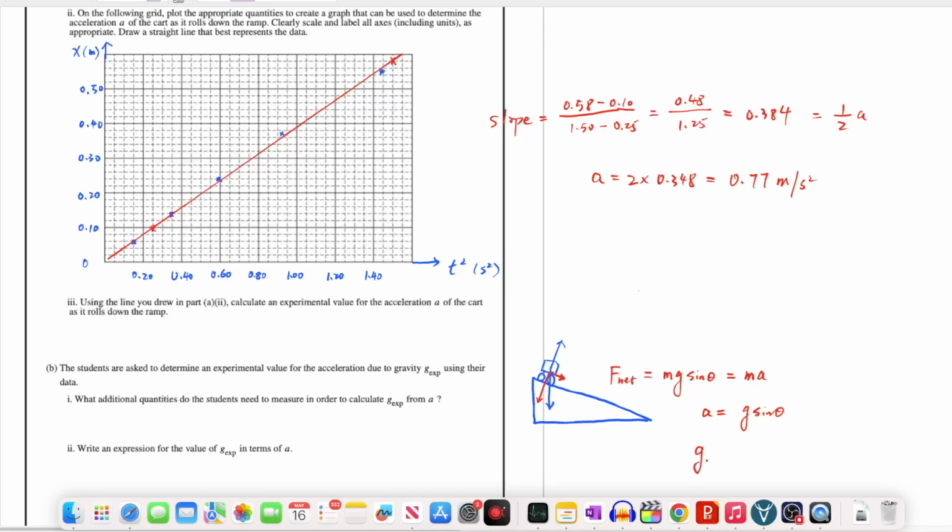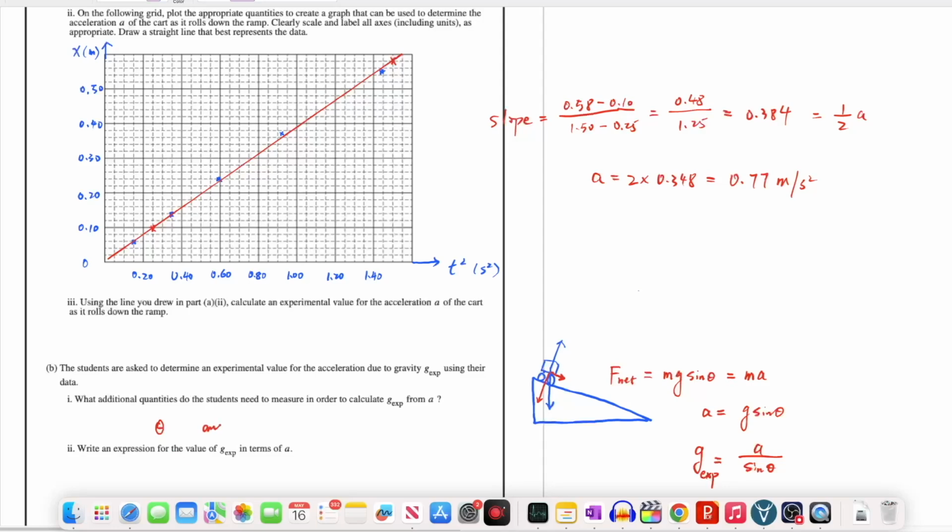You can also express g in terms of a. g is a over sine theta. This g is g experiment. So if we want to get g experiment, we need to measure theta. So theta needs to be measured.